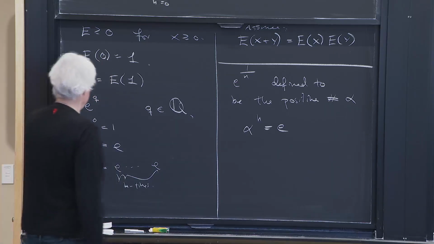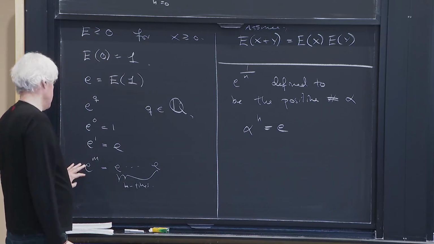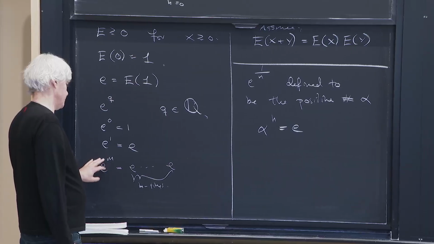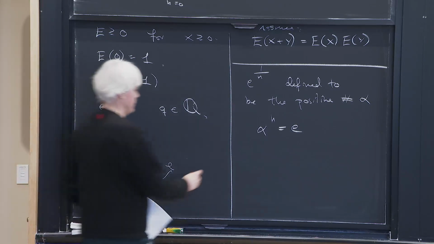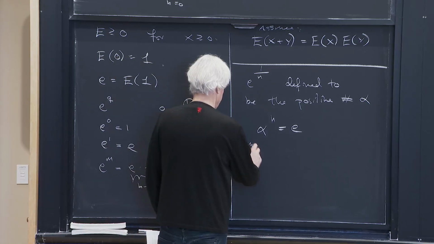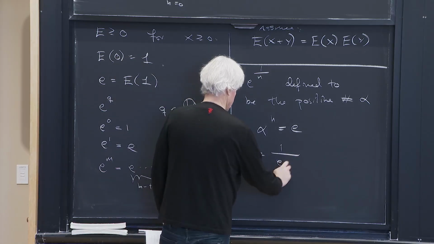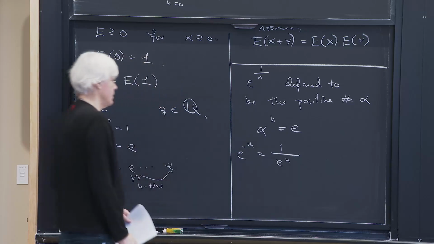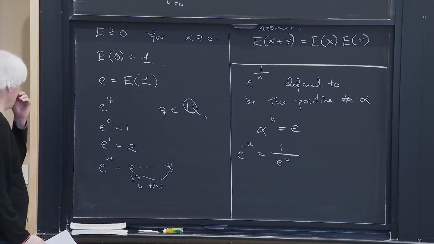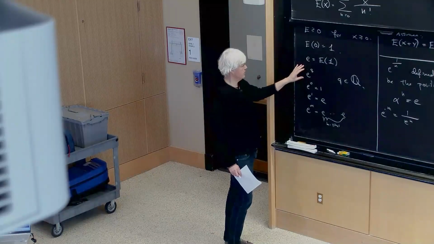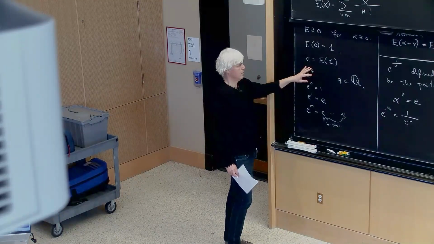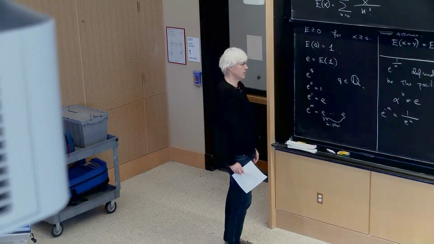And we also defined e to a negative integer, and this was defined to be 1 over e to the m, so we defined e to the minus m to be 1 over e to the m. So this way we defined this function here, the power series was defined for all x, and we defined another function, little e of q, on all rational numbers q.